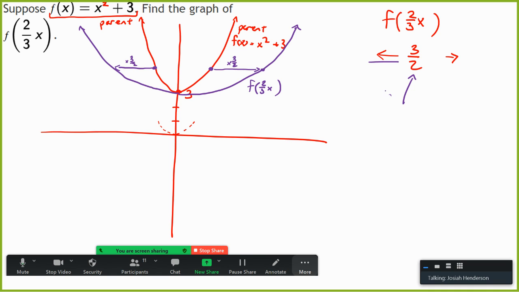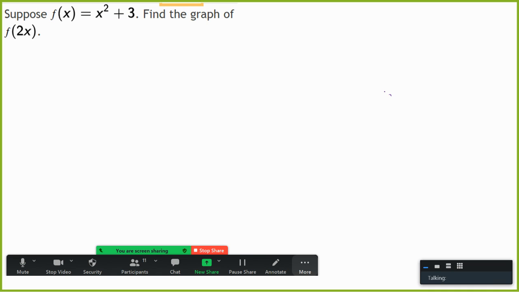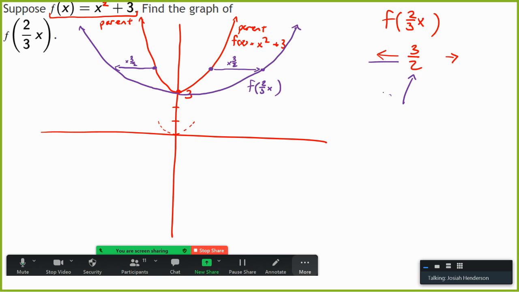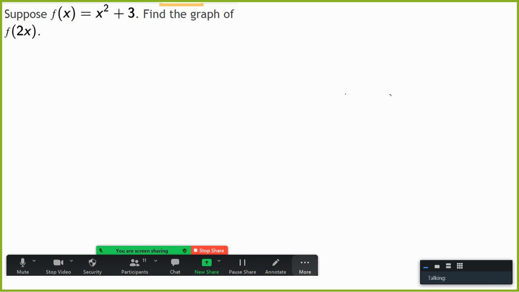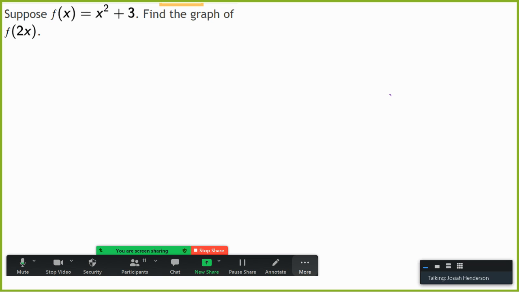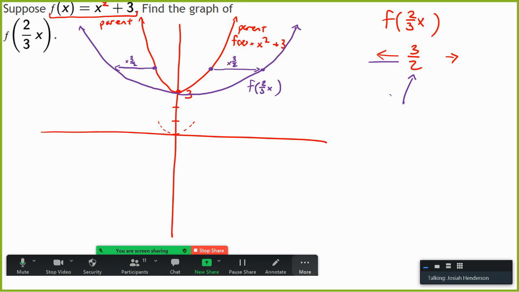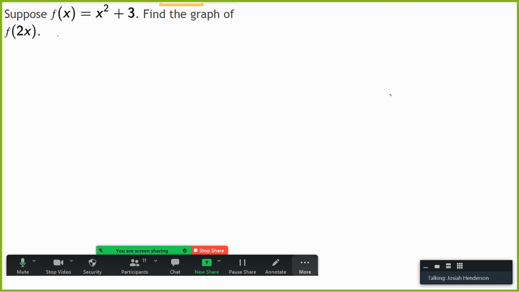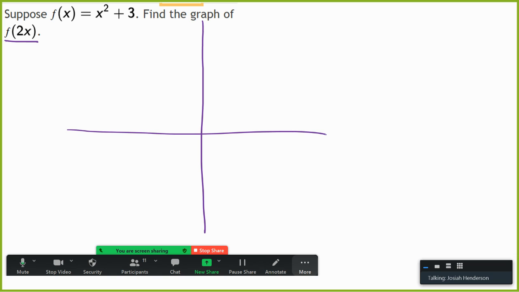Let's look at another one. Oh, this is similar. Good. Okay. So our next question is similar to the last one. Look at the equations. It's x squared plus 3. That's the same starting parent that we used last time. But the transformation is a whole number this time, 2x. So again, I'm going to start with the parent so we can visualize what that should look like.